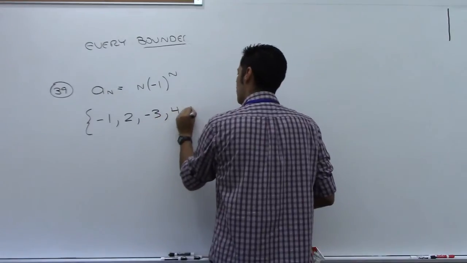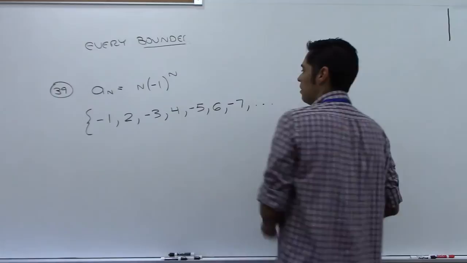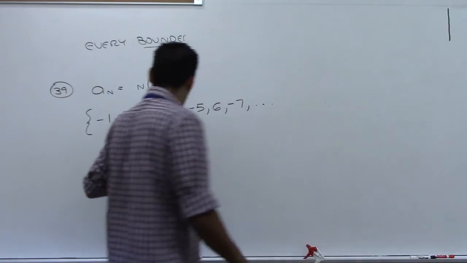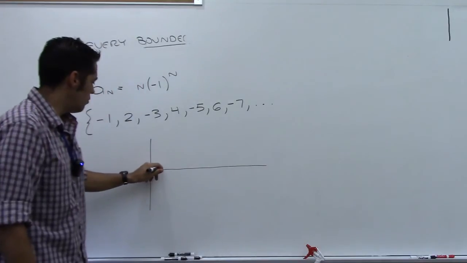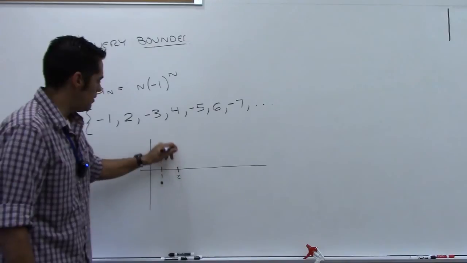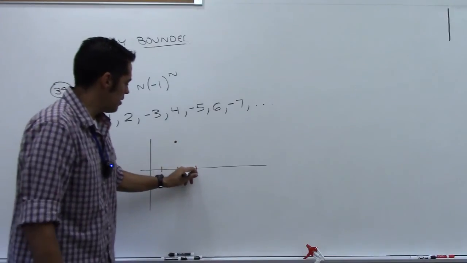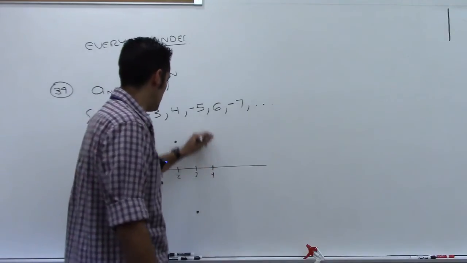And then 4, and then negative 5, and then 6, and then negative 7. This continues. And if I look at this on a graph, a plot of the sequence, at 1, I'm at negative 1. At 2, I'm at positive 2. At 3, I'm at negative 3. At 4, I'm at positive 4.